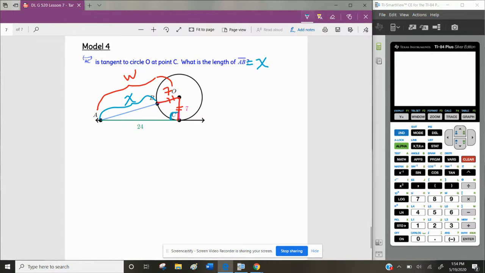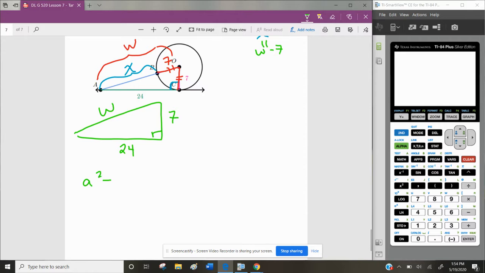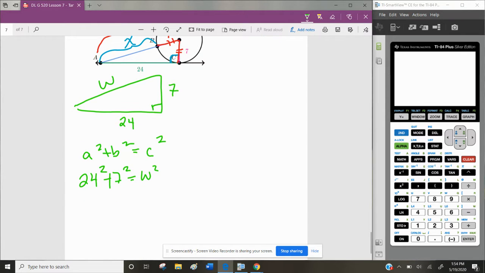Okay, so if I want to look at the entire triangle to find W, and then to find x, I would do W minus 7 to find that little piece x. I have a right triangle with 24 and 7. So a squared plus b squared equals c squared. 24 squared plus 7 squared will equal W squared. My hypotenuse is always in the c place, the longest side opposite that right angle.